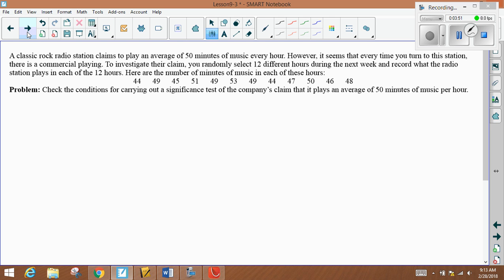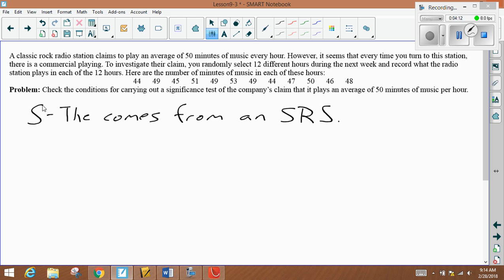So let's go ahead and check the conditions for this. First of all, S: the data comes from a random sample, or we could just say an SRS. We're just going to say each trial is independent.